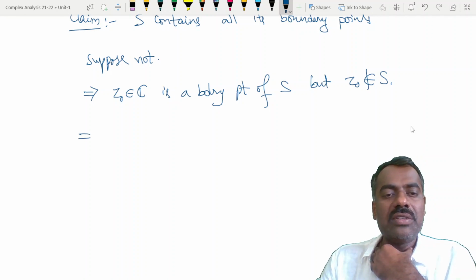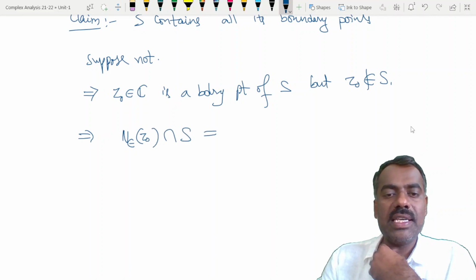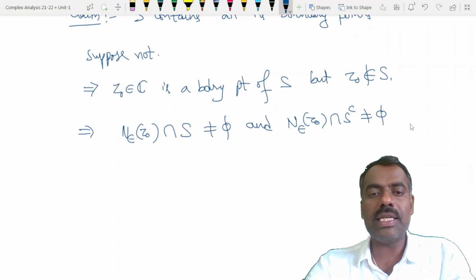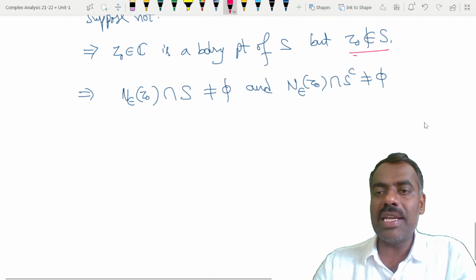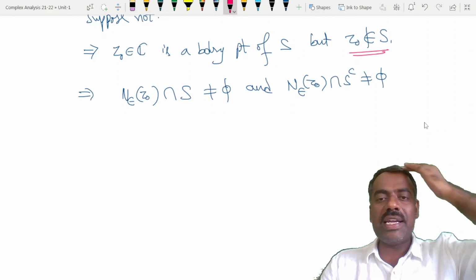Now what is the definition of Z naught being a boundary point of S? By definition, this N epsilon of Z naught intersection S is non-empty, and also this N epsilon of Z naught intersection S complement is also non-empty, right? Now again this Z naught is not in S, and this intersection is non-empty.